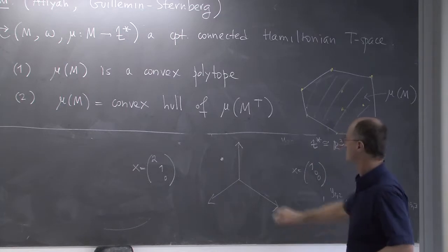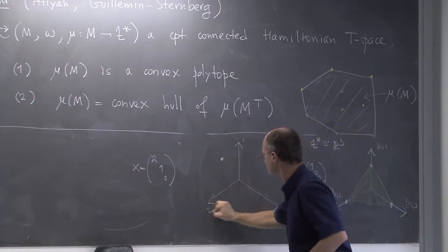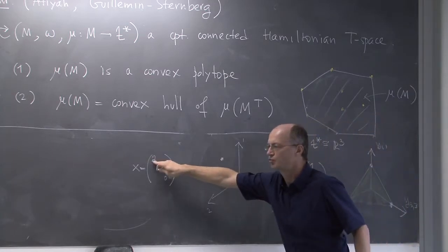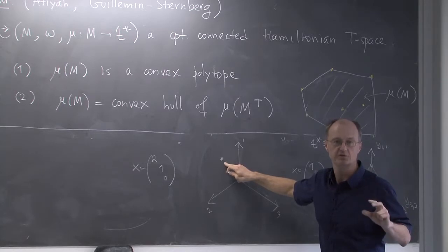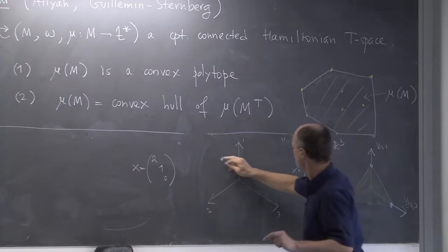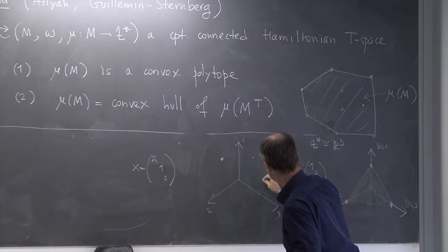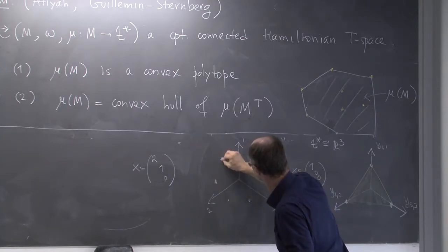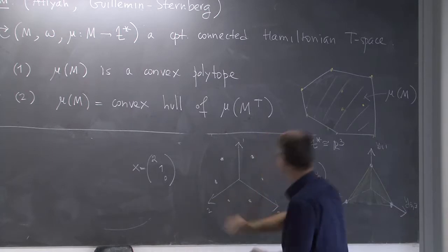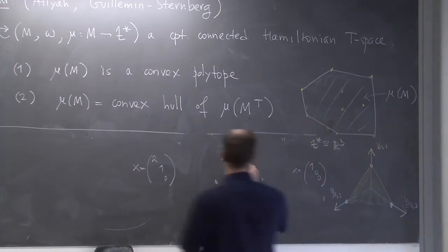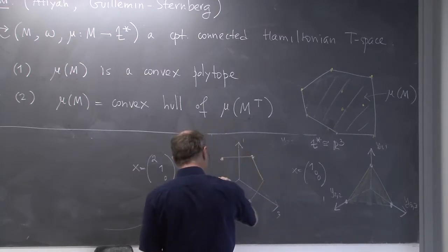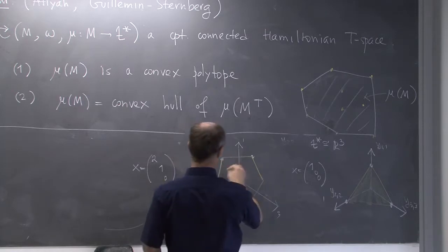So this is my axis 1, this is axis 2, this is axis 3. So I think that's this point. And now there will be 6 images, right? If I'm not mistaken, this will be something like this, roughly. So there will be 6 images, and the corresponding convex hull will be a hexagon.